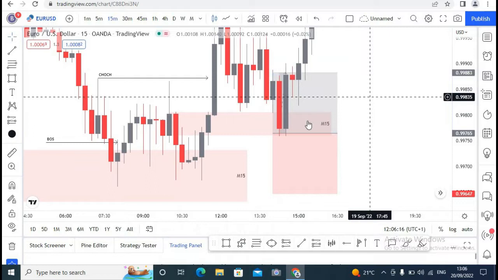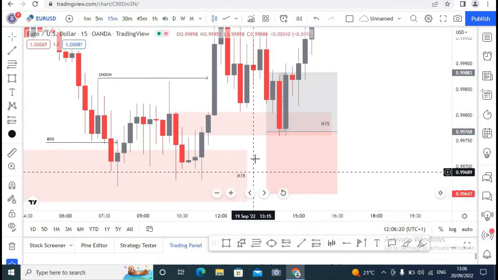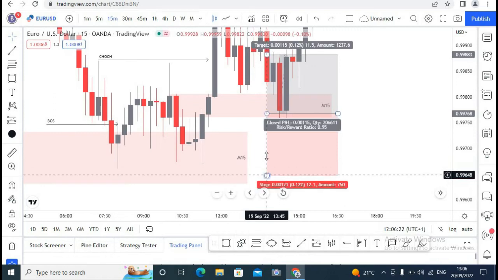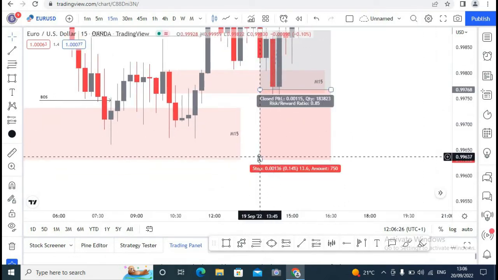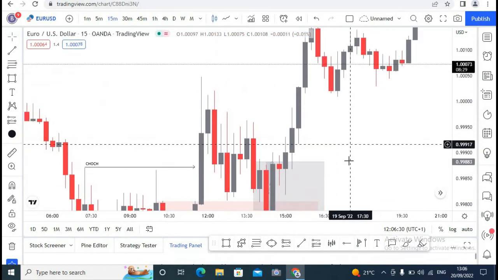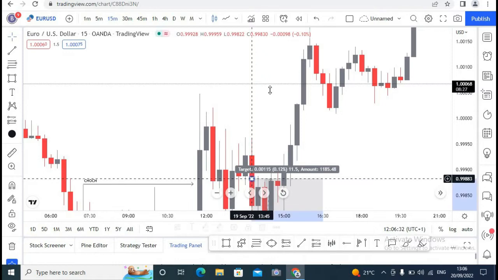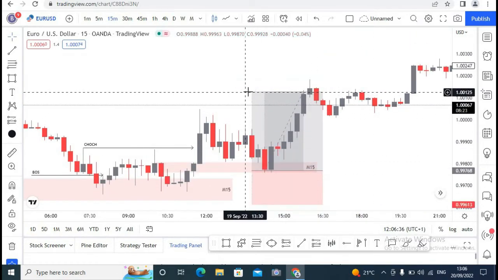This will be your entry level right here, and then you look for 15 pips as your SL, so it's a little bit below the zone, and then your target will be 50 pips, something like this, guys.